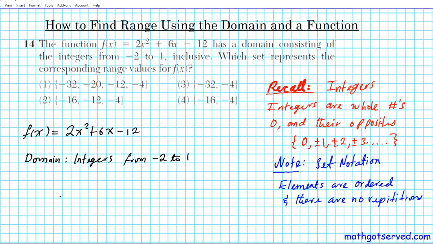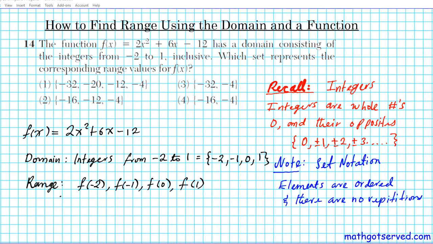So we're looking at -2, -1, 0, and 1. How do we find the range? The range is what you get when you input the domain values into the function. So the range values are going to be the function evaluated at -2, at -1, at 0, and at 1.